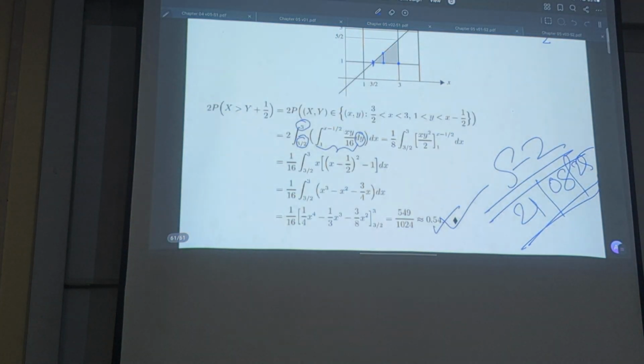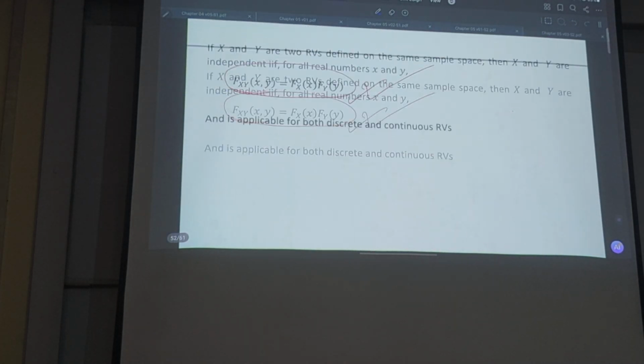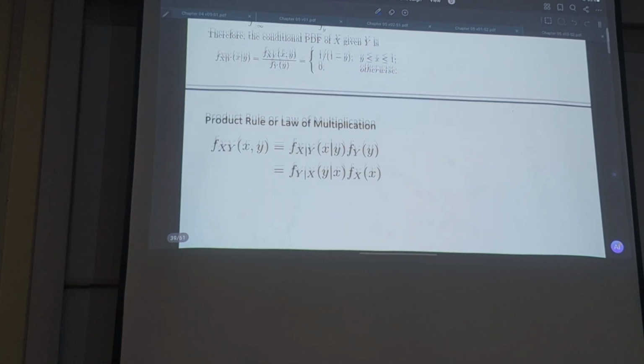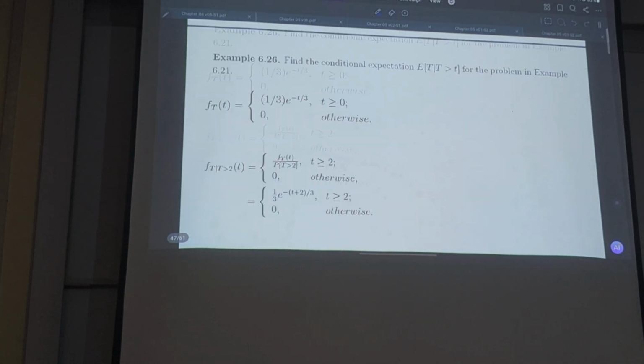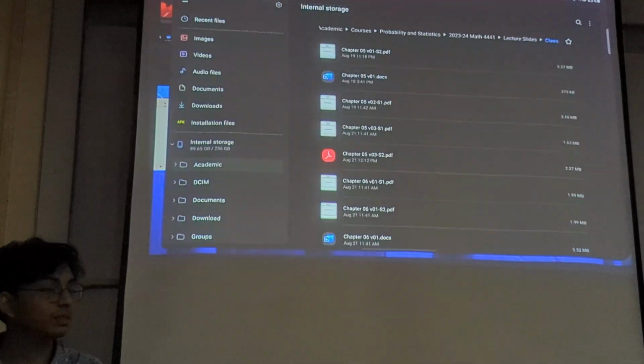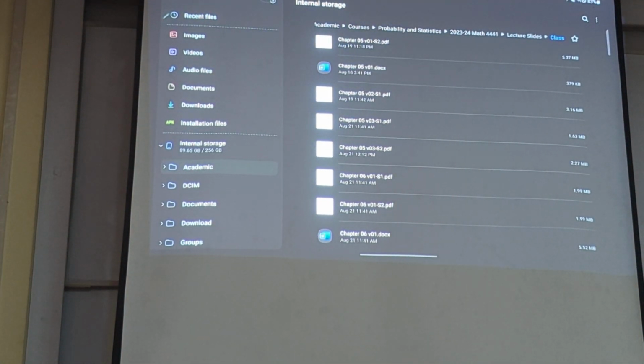Right? Any questions before we finish this chapter? How many slides? A very small chapter, right? Only 61, a very small chapter. The class is not finished.